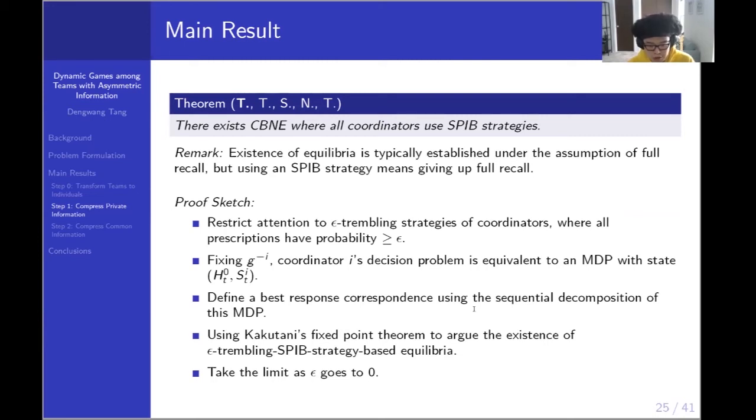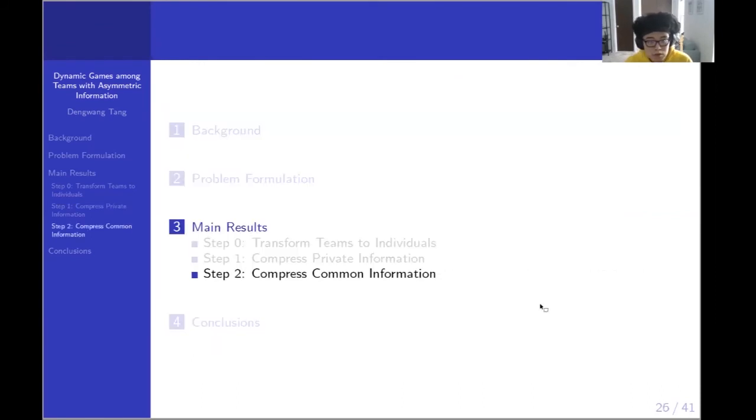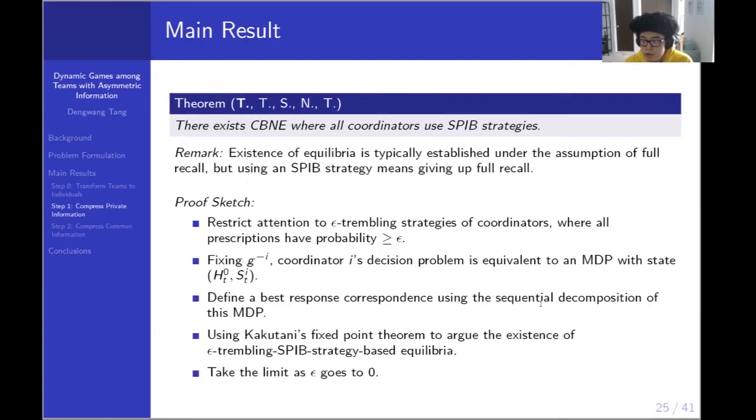If we just define the most generic best response correspondence, we will not be able to prove the theorem. Then, using Kakutani's fixed point theorem, you can argue the existence of an epsilon trembling SPIB strategy-based equilibrium. Finally, you take the limit as epsilon goes to 0 to argue that the theorem holds. So this is step 1. Any questions?